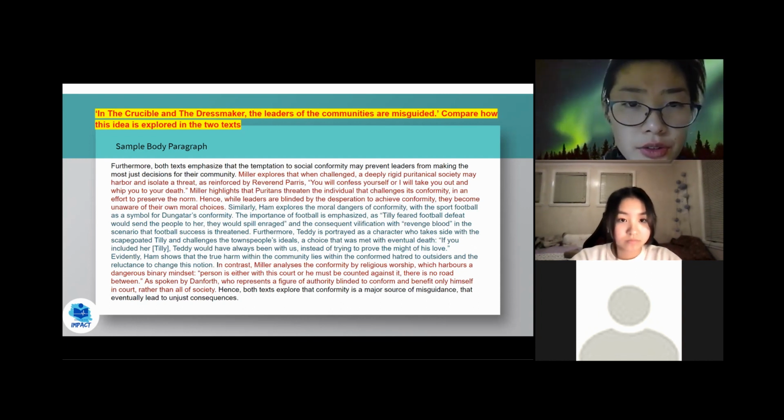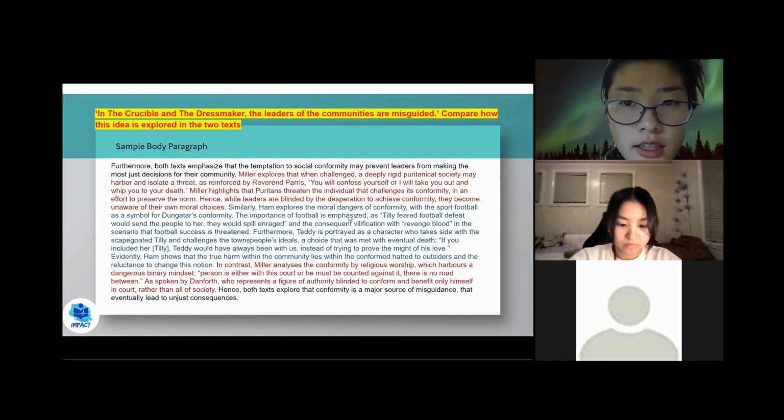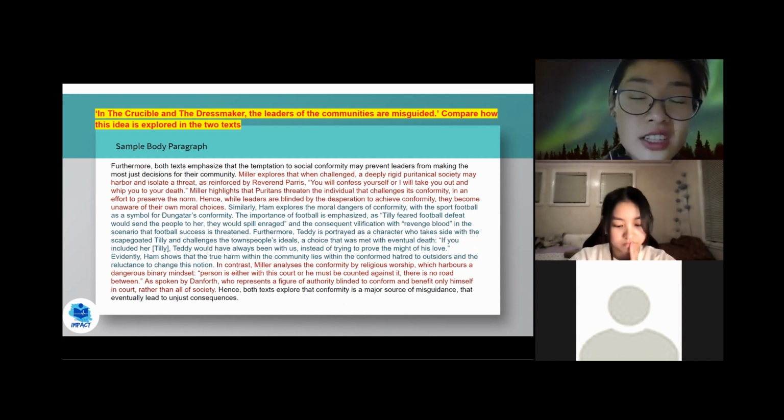And so the rest of the paragraph, as we can see, is trying to flesh out that concept and explain in what way each leader is pressured to conform and how that means that specific decisions are made in perhaps less just ways than they could have been.